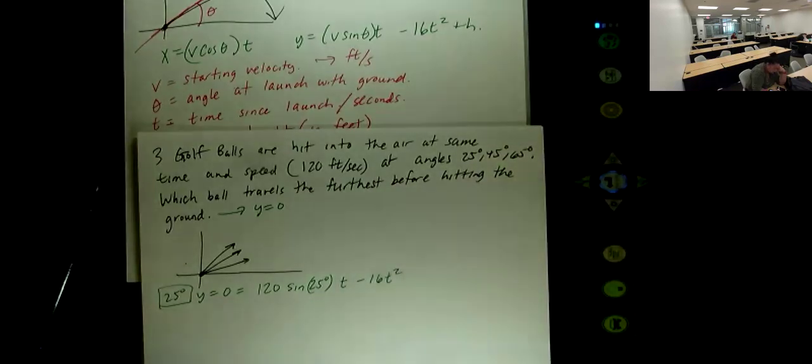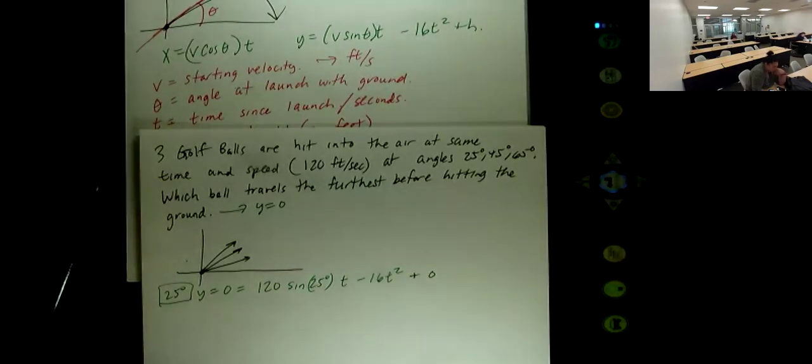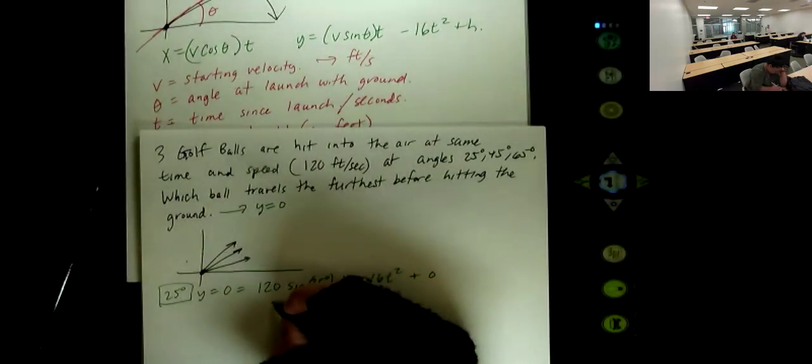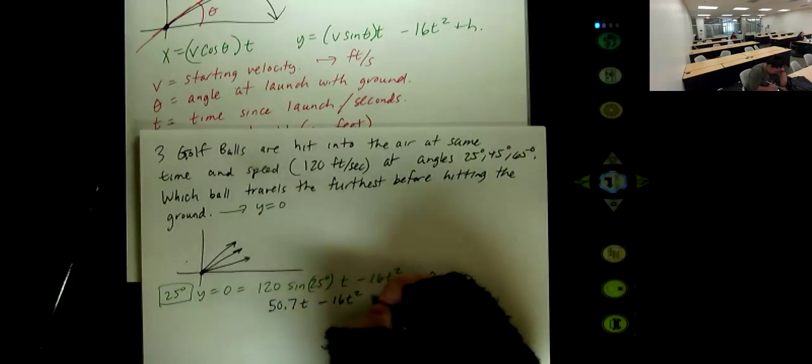And where does a golf ball start? On the ground, right? So h is 0. So what do I have here? 120 sine of 25. I'm getting 50.7t minus 16t squared equals 0.